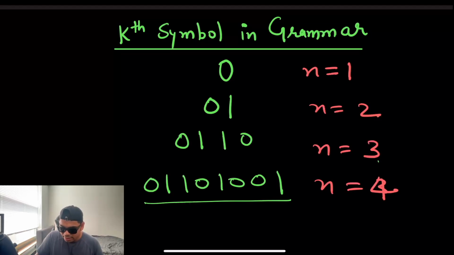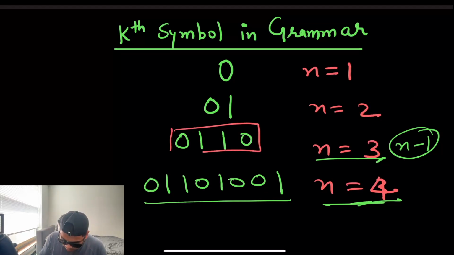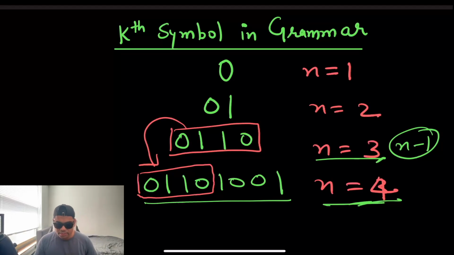This n equals 3 is n minus 1 for my n equals 4, right? So can I derive my n equals 4 using this? If you see, yes, we can. This particular part, if you see over here, is the same as this part, right? This is the same as this part.